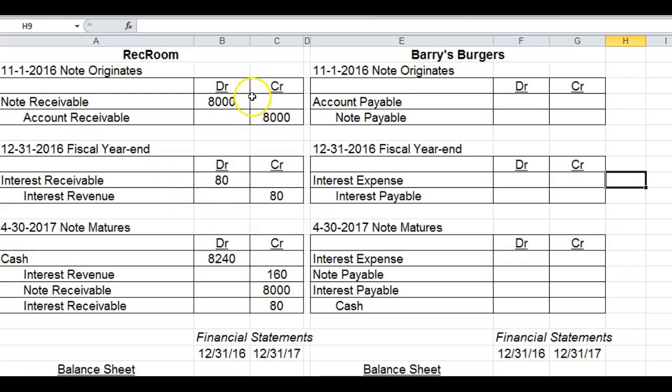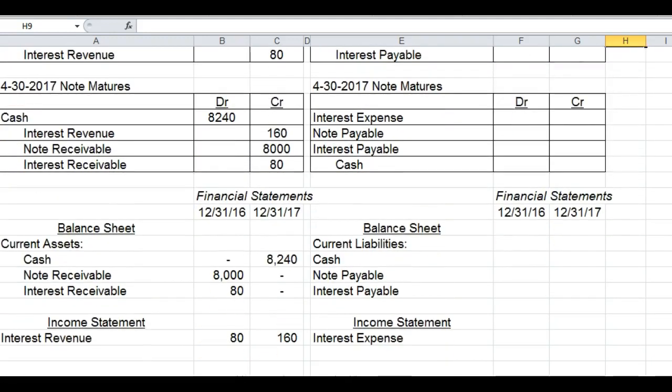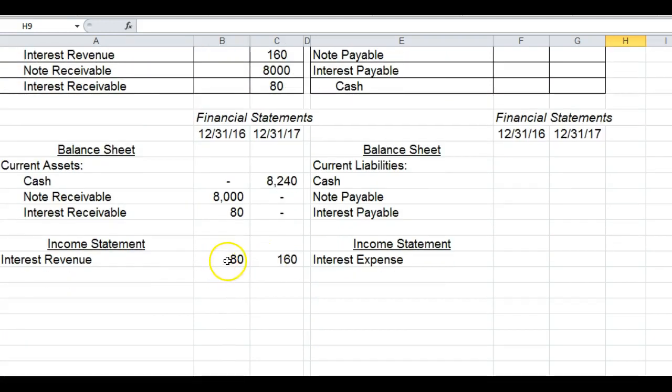So when we go to the balance sheet at 12/31/16, we're going to have both a note receivable of $8,000 and interest receivable of $80. So let's go take a look at that. We can see at the end of the first year, we have the note and interest receivable for $8,080. We also, at the end of 2016, record interest revenue of $80, and that will go on the income statement for the first year.